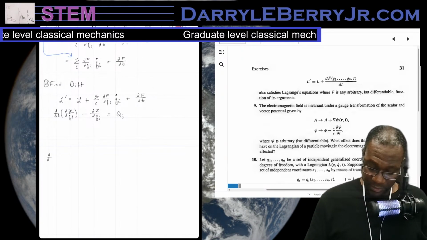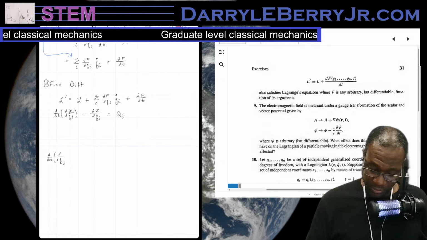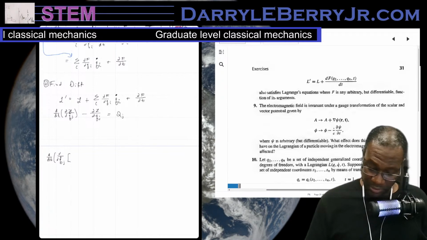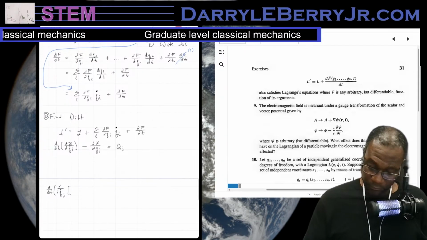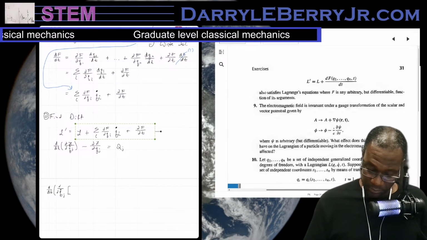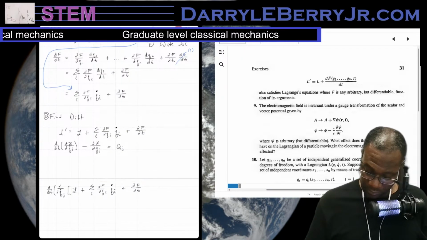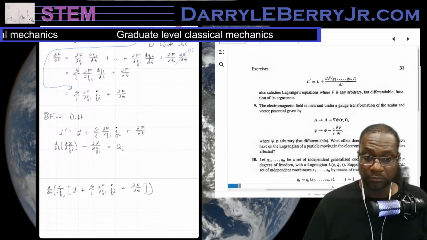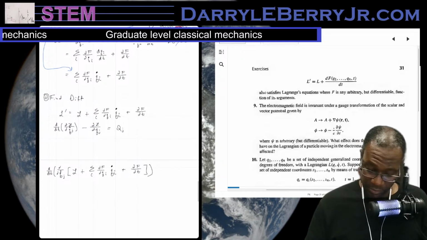So we have d over dt of partial over partial q j dot of this, for this first term.